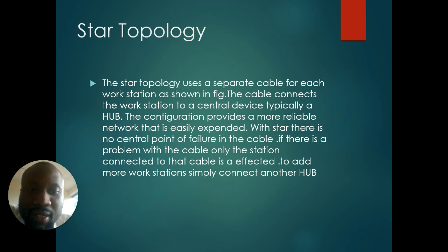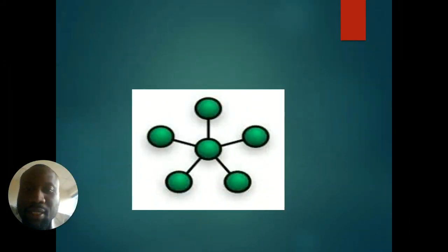So here we are looking at a hub as being the central point of connection. So this is an example of the hub. So this at the middle is what we are calling the hub.